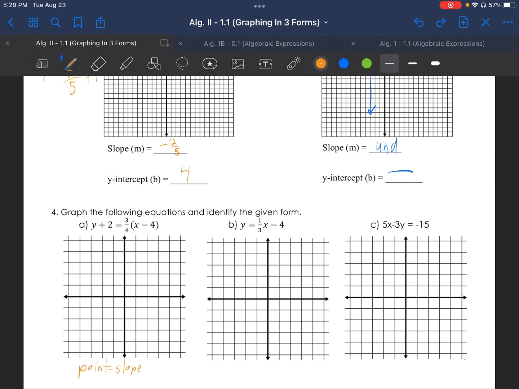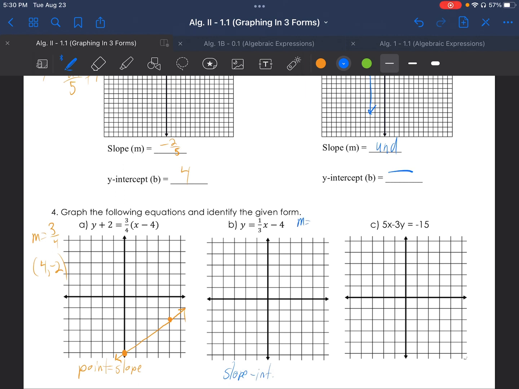So here we know the slope is 3 over 4 because it's outside the parentheses, and a point is 4 comma negative 2, because you do the opposite of what's with the x and the opposite of what's with the y. So let's start by graphing 4 comma negative 2, and then use the slope of 3 over 4. And that's our line.